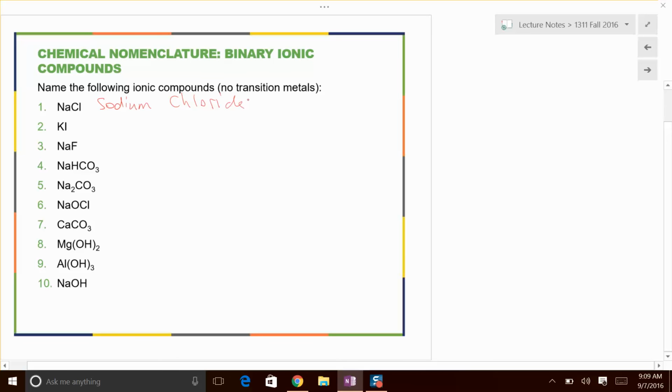Sodium chloride is this compound. How about the next one? K is potassium. Iodide. Potassium iodide. Okay? How about the next one?